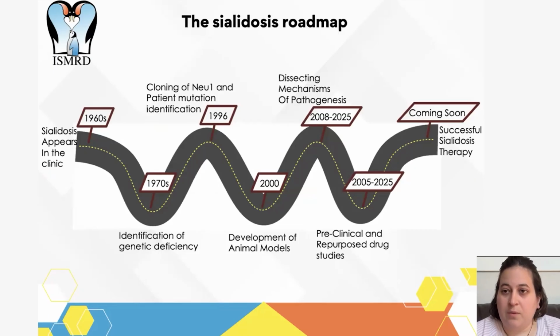Sandra's group developed one of the first animal models of sialidosis in 2000. And then from that point on, she has been very focused on dissecting mechanisms of pathogenesis and working to come up with preclinical and repurposed drugs that can ameliorate patient clinical presentation.